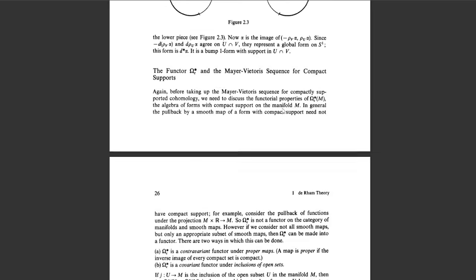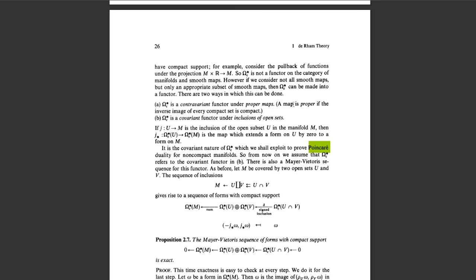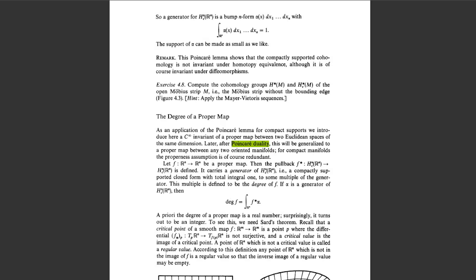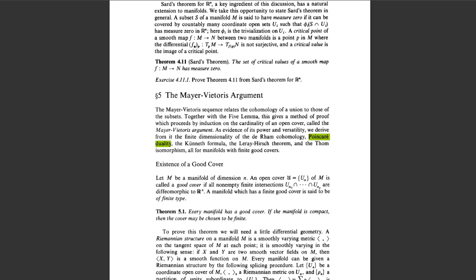Where the hell? Let's see. Poincaré duality. Let's find it. Torus.